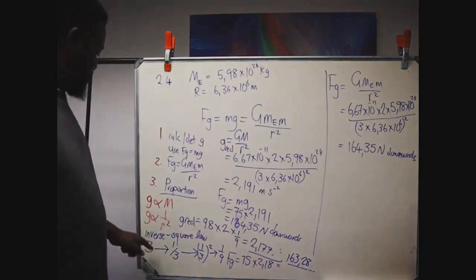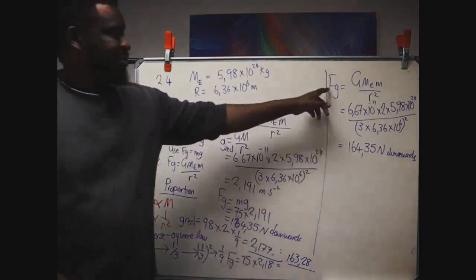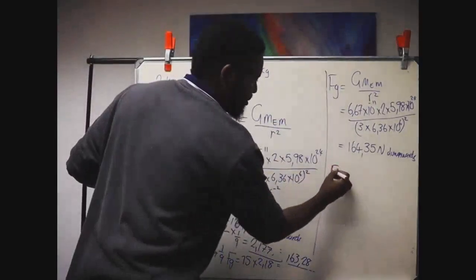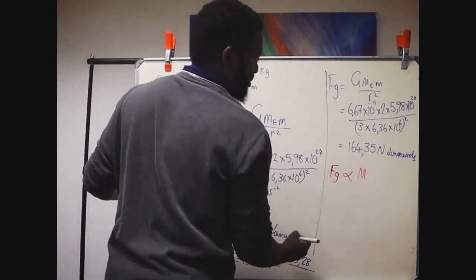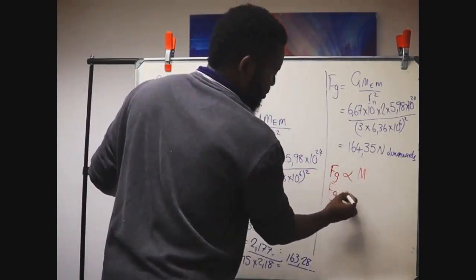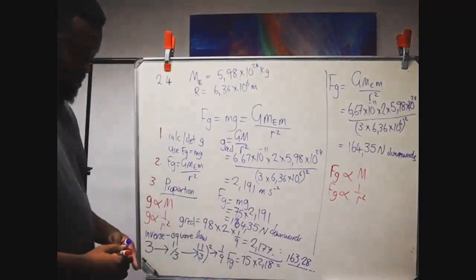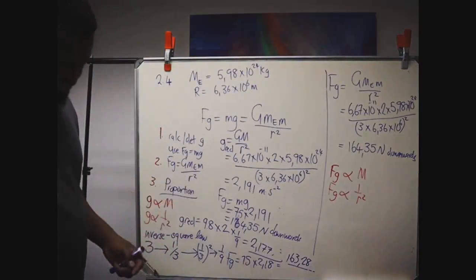Alternatively, I can also do the same with the weight. I can say Fg is directly proportional to the mass of the planet and inversely proportional to the distance squared. What will be the weight of this astronaut on Earth?